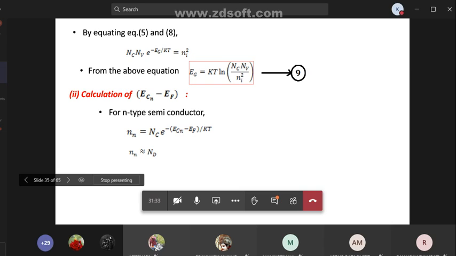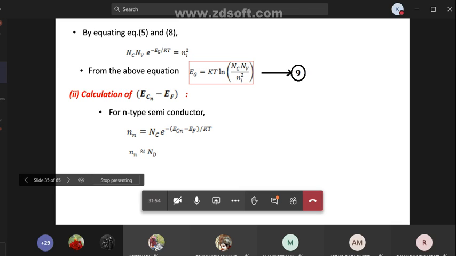So from this equation we can write EG equal to KT ln of NC NV by Ni square. Okay, so EG equal to KT ln of NC NV by Ni square.